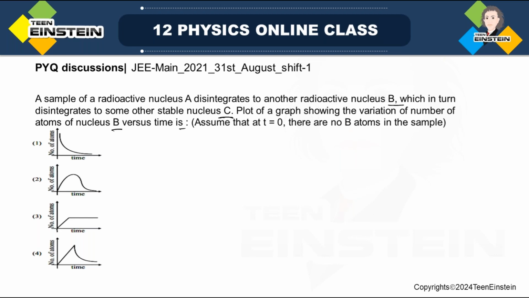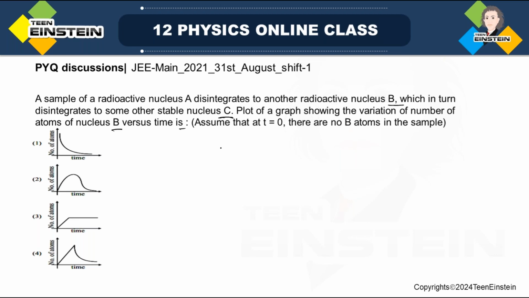This one is constantly increasing for some time, then the number will be constant, then it is again increasing with a constant slope, or constant rate. After that it is exponentially decaying.